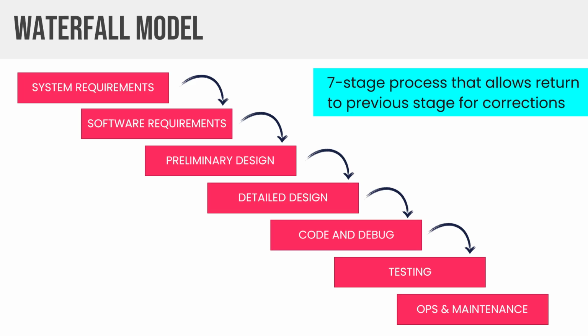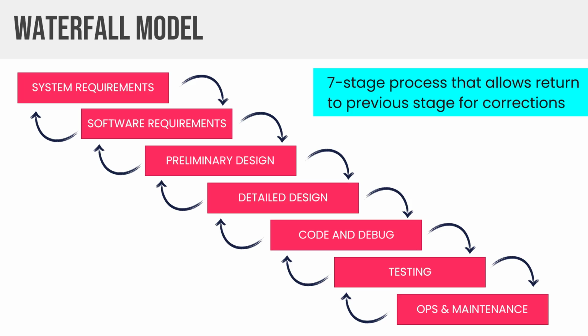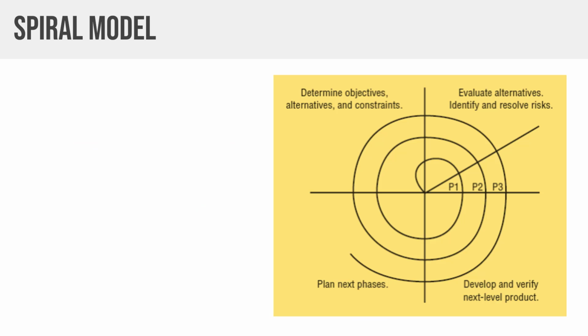So the waterfall sort of visualized for you there. But waterfall, I mentioned, also allows a return to the previous phase from each phase. So each phase can only go back one phase for correction. So it's by design less flexible, less agile, if you will, than Agile, pun intended.